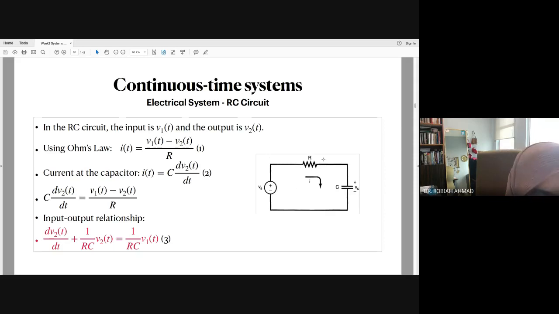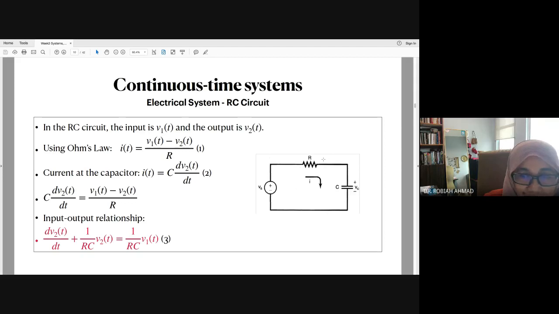If we remember Ohm's law, in order to determine the current I, it is actually Vs minus V, in this case V out, divided by the resistor. So that is the current I. And we also know that the current at the capacitor is C dV/dt, so in this case it will be C dVo/dt.